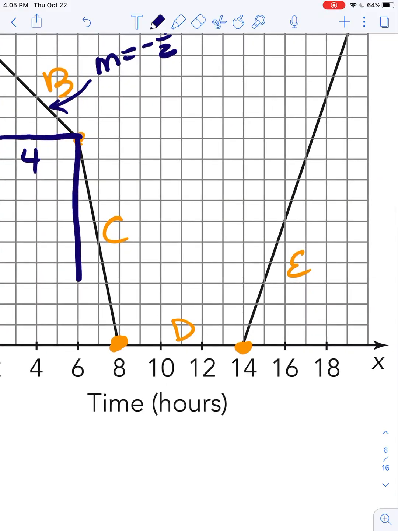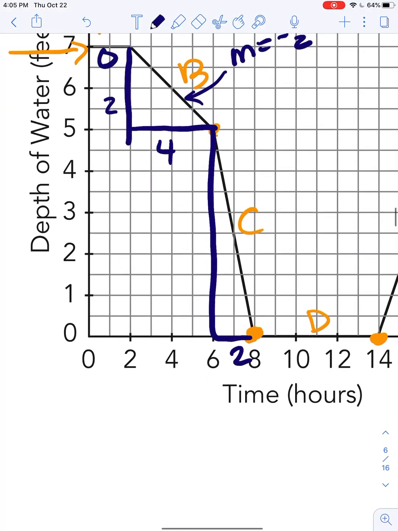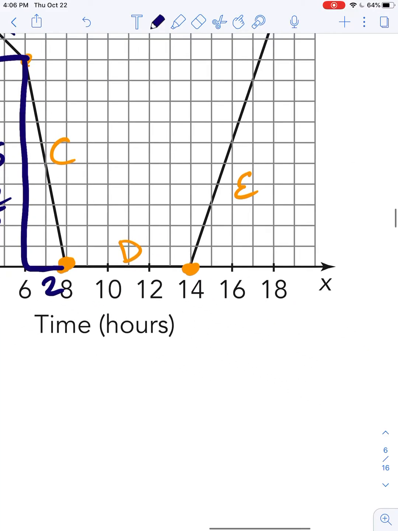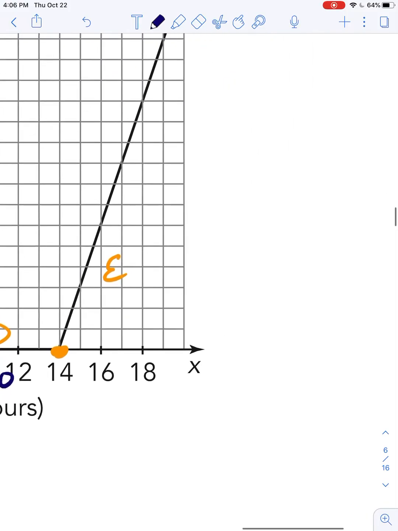And then we have this one. This is 2, that's easy. And this is 5. So the slope on this part is 5 over 2, or 2.5. This one down at D, hopefully you can tell the slope is 0.